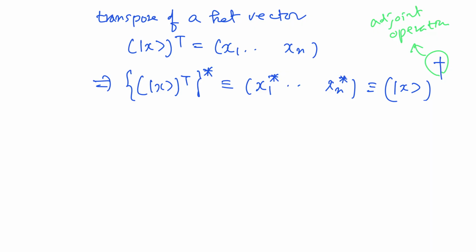And when you have a column vector and you take the adjoint operation, the result is denoted as a row vector. So we define x adjoint, which is x1 complex conjugate through xn complex conjugate.